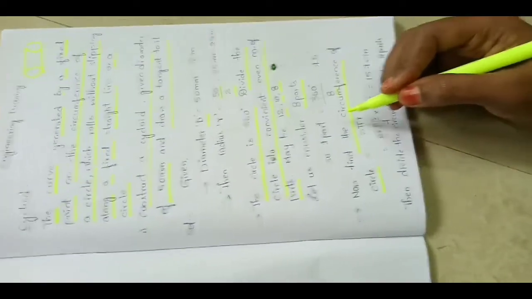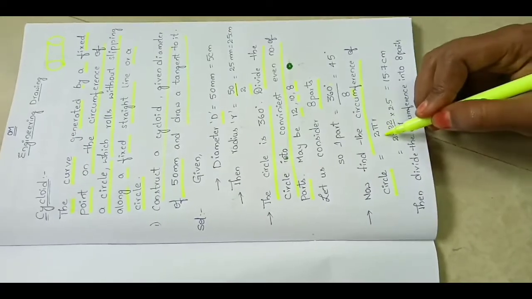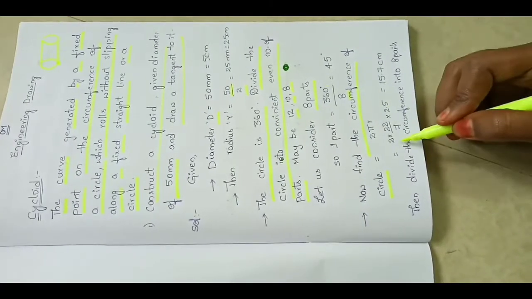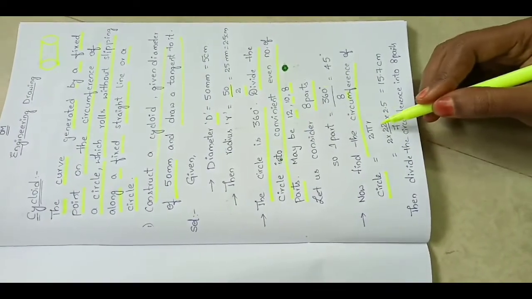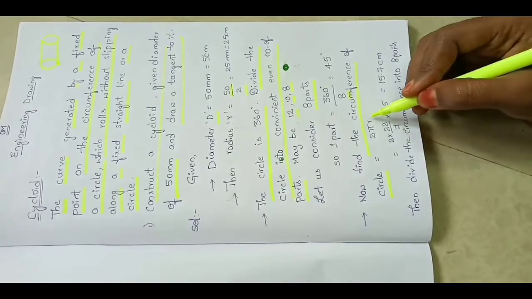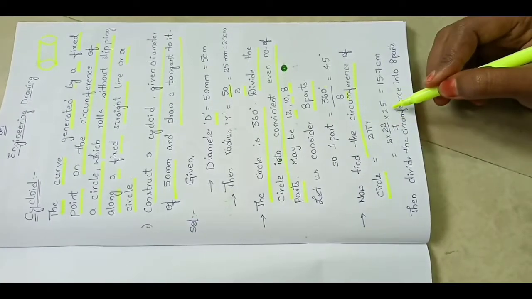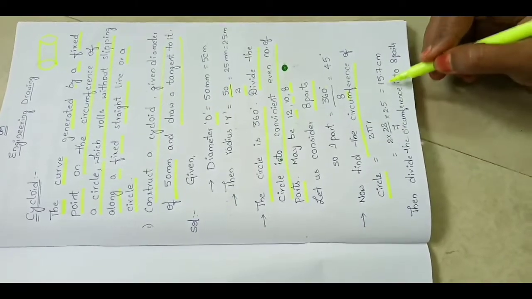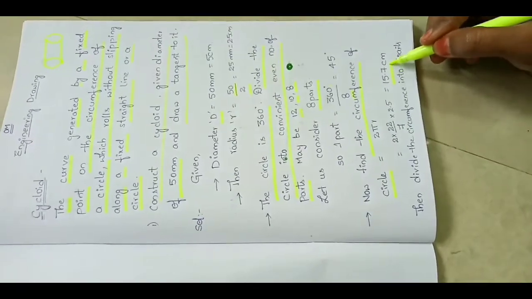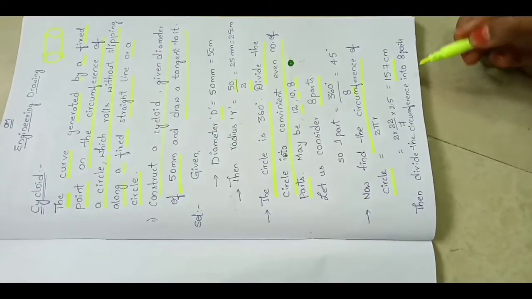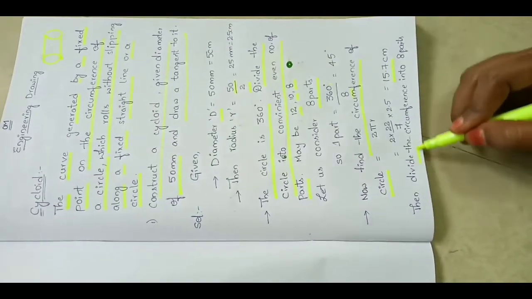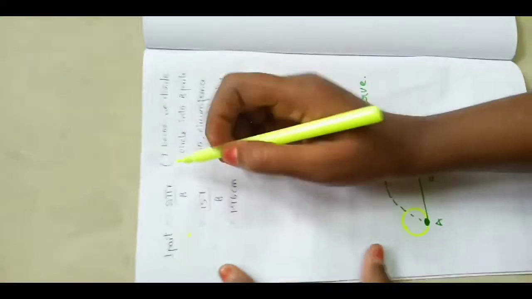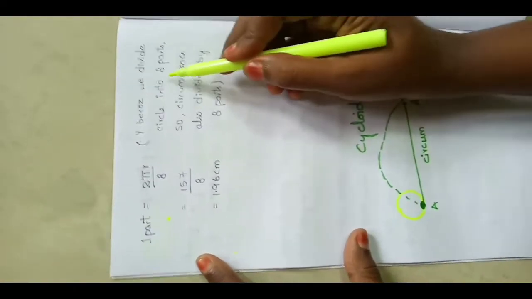Now we have to find out the circumference of a circle. We know that circumference of a circle is equal to 2 pi r. So 2 into pi value 22 by 7 into radius r equal to 2.5 centimeters. We got that circumference of a circle is equal to 15.7 centimeters. Now we have to divide the circumference into 8 parts, because we are dividing the circle into 8 parts.